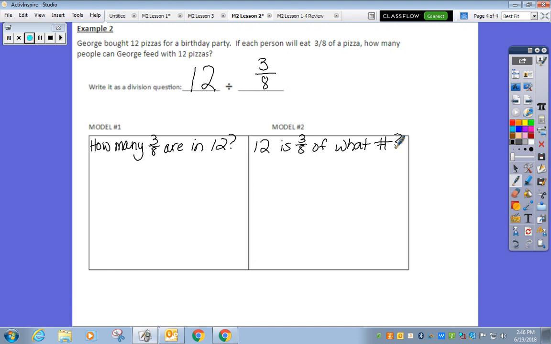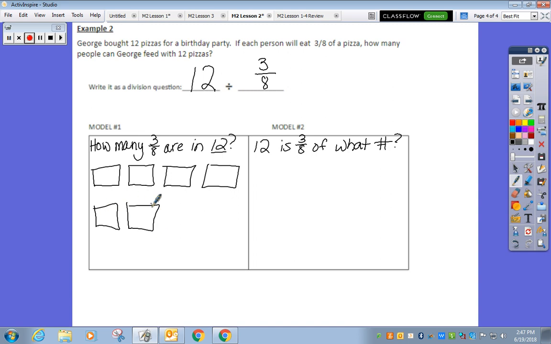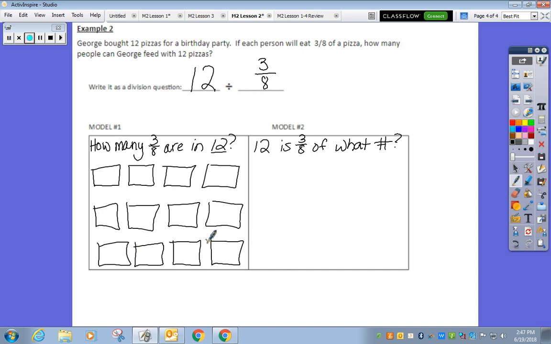So with model 1, in order to do this, we started by taking this number and drawing it. So I would draw 12 wholes. Okay, and then if I'm looking for groups of 3/8, that means I have to split each of the 12 into eighths, which means 7 lines in each.